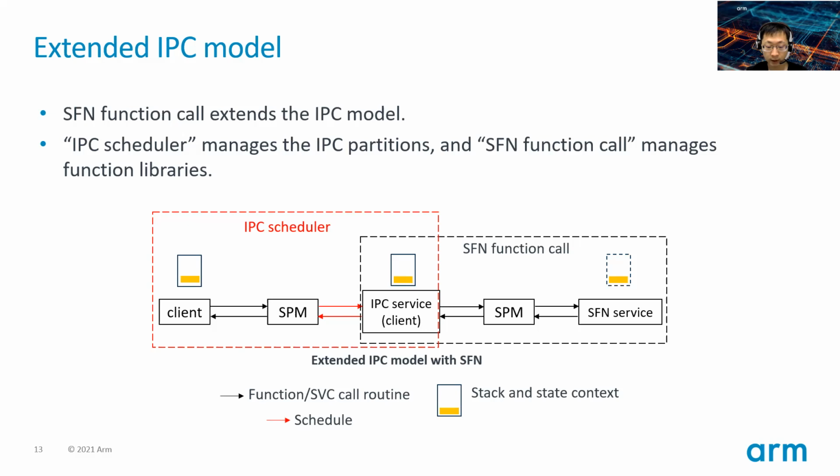There's no thread scheduling happening in the flow. In the IPC model, client and service have their private stack for isolation reasons, but an SFN partition can optionally enable a private stack if the isolation requirement is satisfied. It depends on real application scenarios.